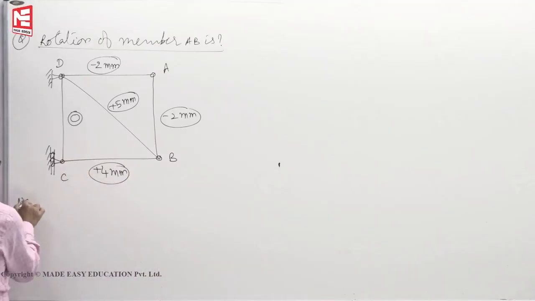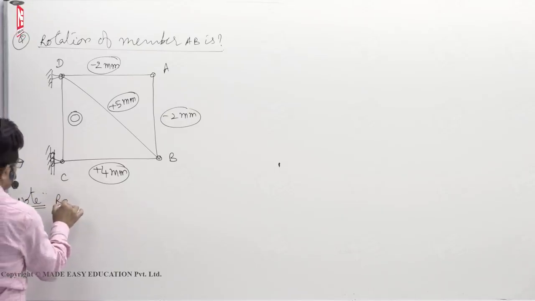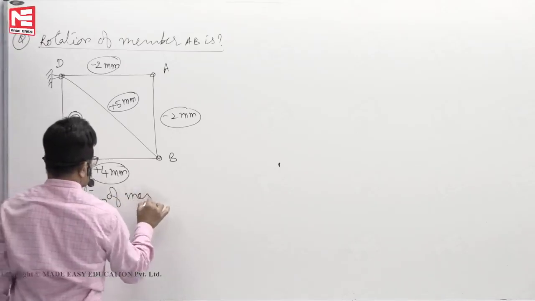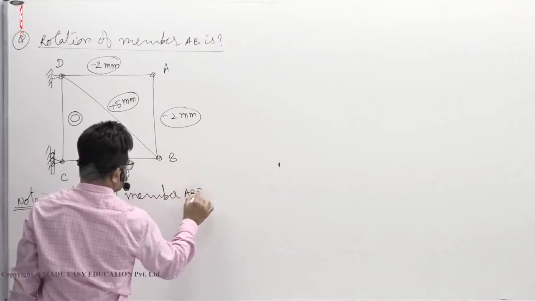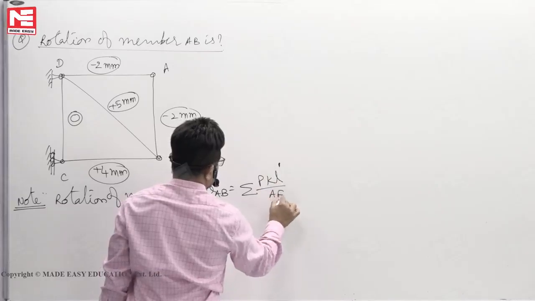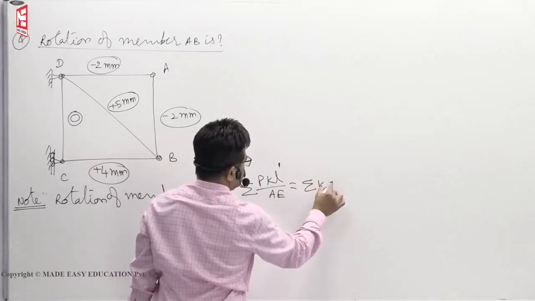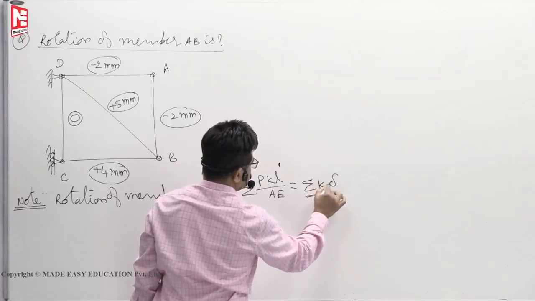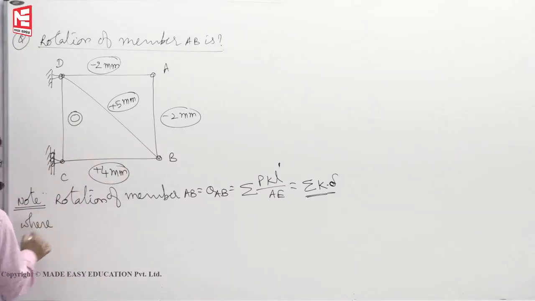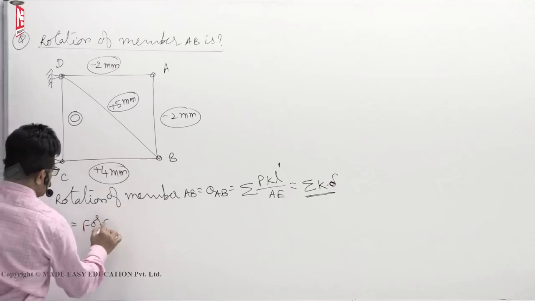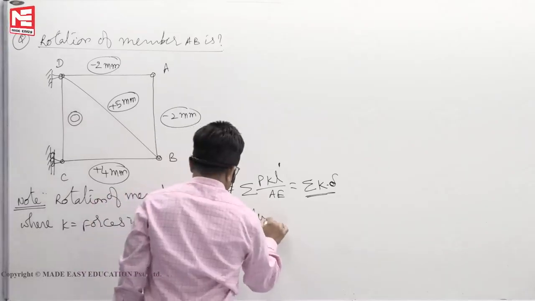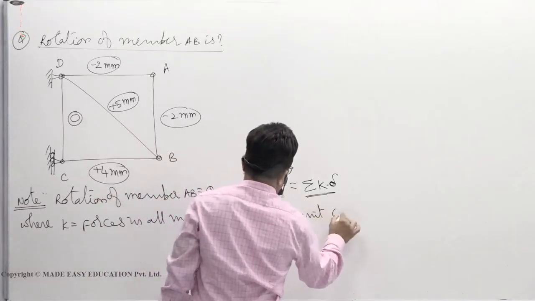First, we'll see what is the scope of the work. Rotation of member AB, theta AB is equal to summation of PKL by AE. The formula is the same, I told you. I can write summation of K into delta, where K is equal to what? Forces in all members due to unit couple.